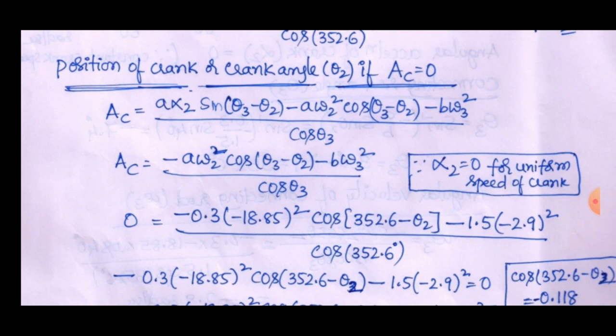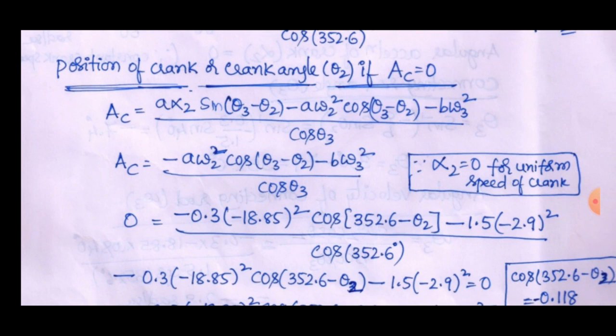Now here what I should do, because I should find theta 2 value, don't substitute theta 2 value which is given in the problem. Here I should find theta 2 if the acceleration is 0. Therefore, I have put AC as 0. Then theta 2 as unknown. Remaining all values I have substituted. Except theta 2, remaining all values are known.